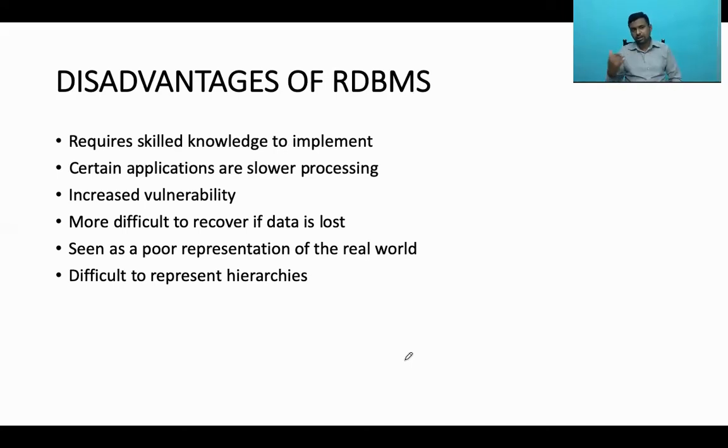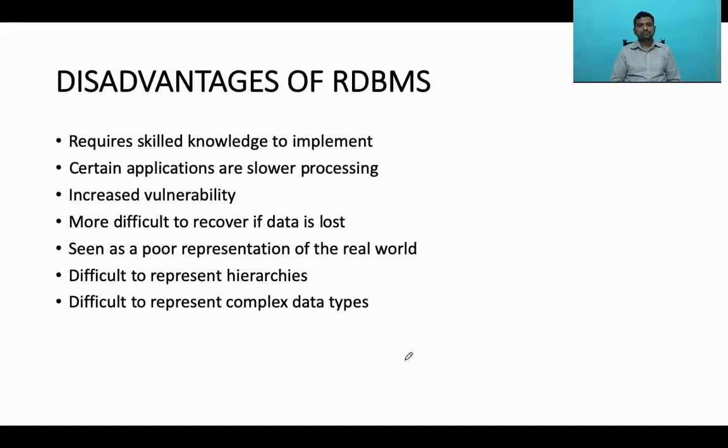But we have come across everything and we have come to the relational database management system. Definitely, it is very difficult to represent hierarchies and difficult to represent complex data types. Yes, there are data types, but when it comes to complex data types, it will be more complex. Okay, fine. So next we'll see normalization.